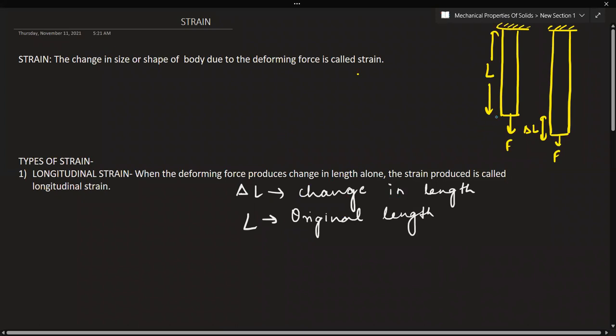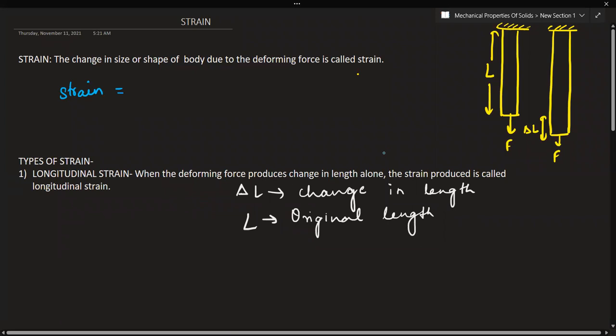That change produced in the body, whatever deformation has been produced, is known as strain. The change in size or shape of a body due to the deforming force is called strain. We say that the body is strained due to stress developed. So strain is basically the ratio of the change in dimension to the original dimension.